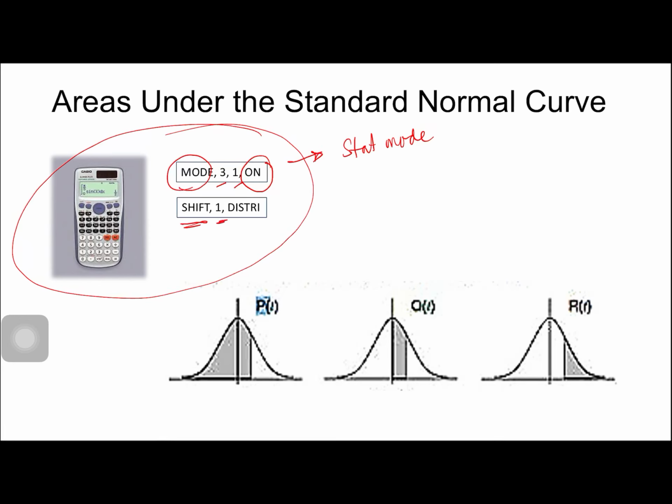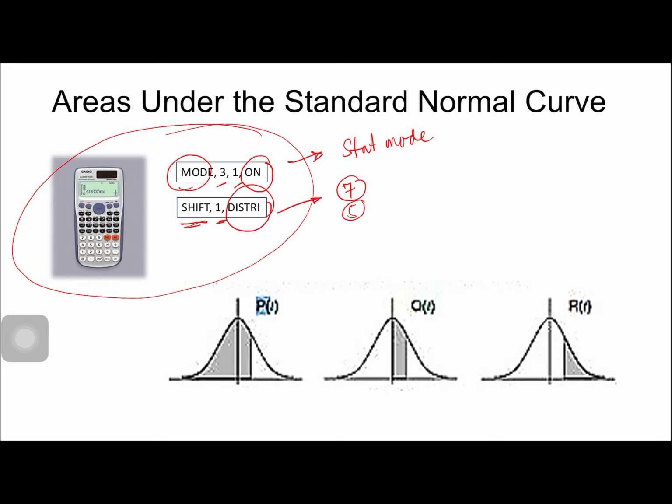And then shift 1, then choose distribution. In other calculators, it may be in number 7 or number 5. So distribution. So there will be 4 choices.